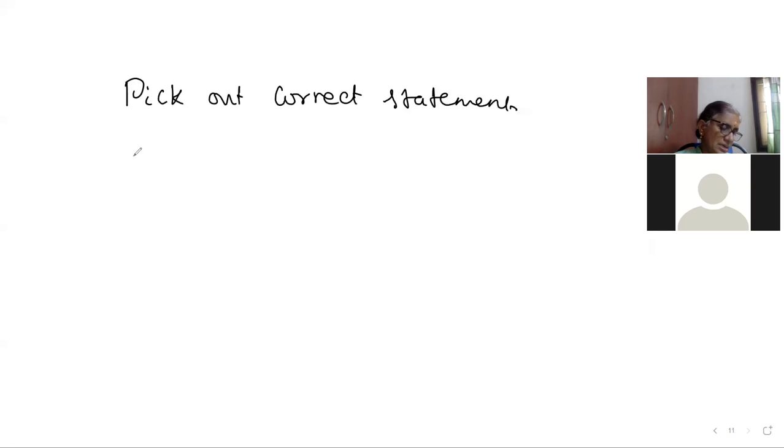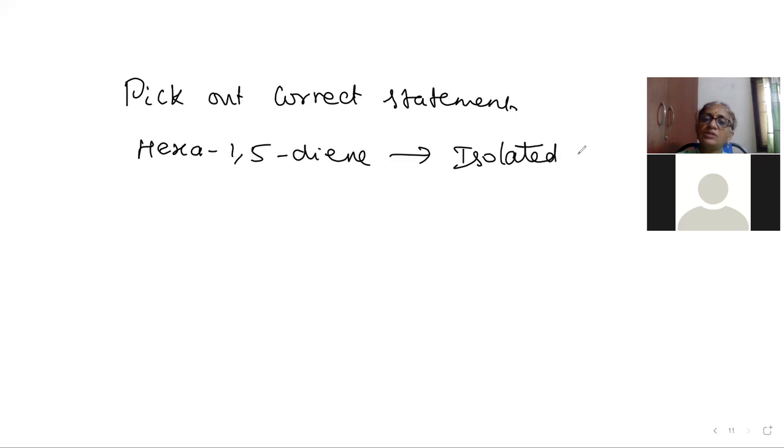The following: hexa-1,5-diene. So looking at the name itself, you can say whether it is isolated, conjugated, or cumulative. 1 it starts, 1 double bond, 5 another one starts. They are at the extreme ends. So can you tell me what it is? Isolated. It's isolated diene.